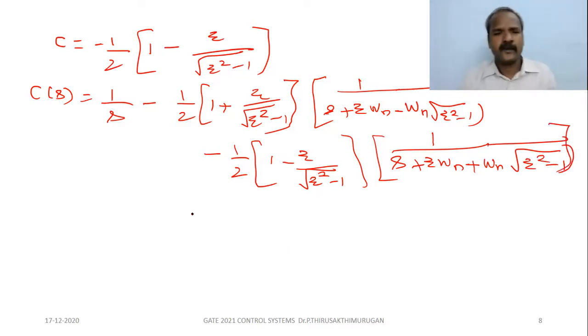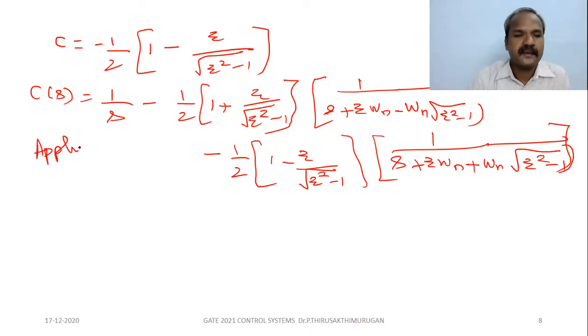Okay. So if we now apply the Laplace inverse transform, we will be getting C of t. So what is C of t?